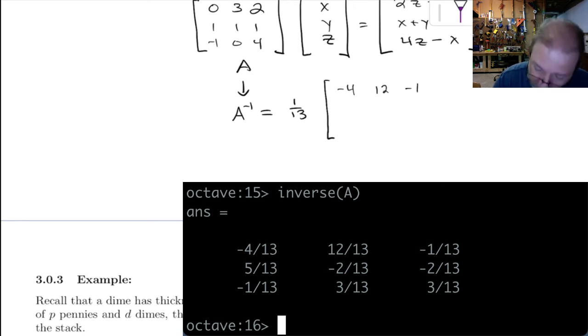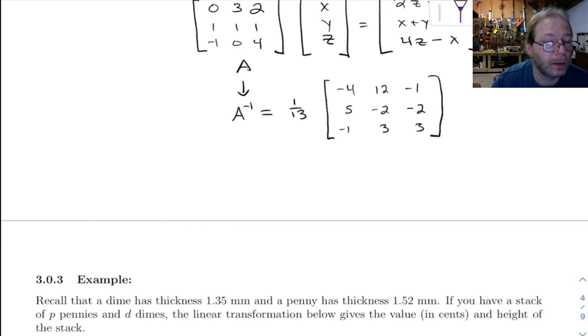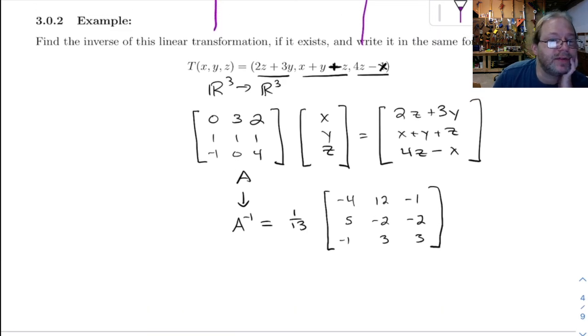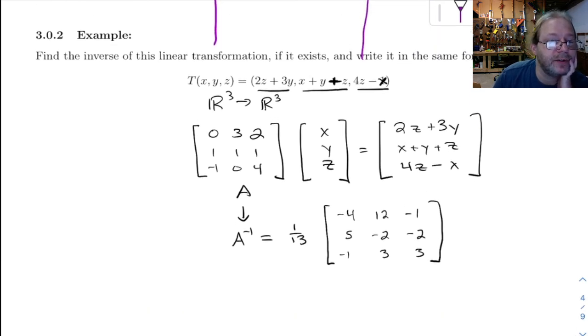And 5, negative 2, negative 2. And negative 1, 3, 3. All right, so that's the inverse matrix of the linear transformation.